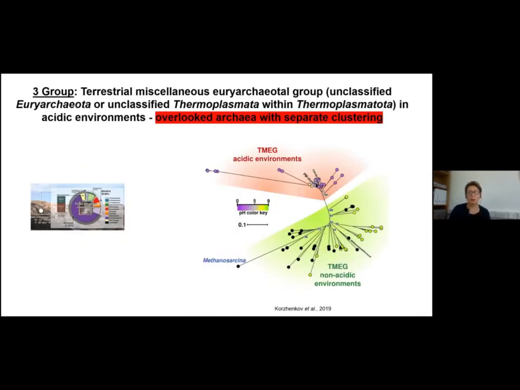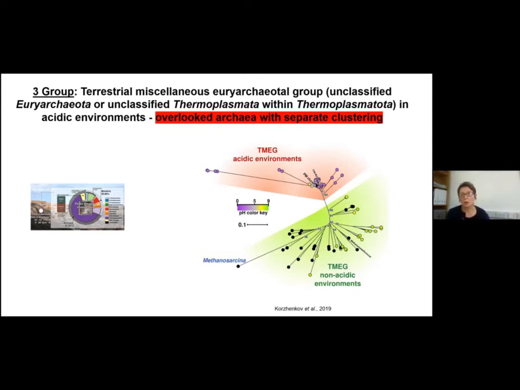The third group, which is represented after Thermoplasmatales and Micrarchaea and Parvarchaea, is TMEG, or unclassified Thermoplasmata within Euryarchaea. And basically, currently, we know nothing about this group at all. We just know that they're probably associated with some presence of sulfate, in some cases of methane.